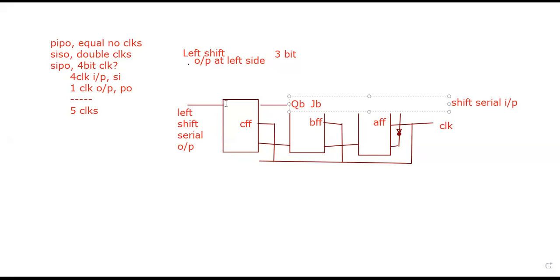Similarly it would be QC and JC. And here it would be KA, Q bar A, KB, KC, Q bar C, and Q bar B. Because it is serial in, serial out, we require double clocks. 3 plus 3, we require 6 clocks.